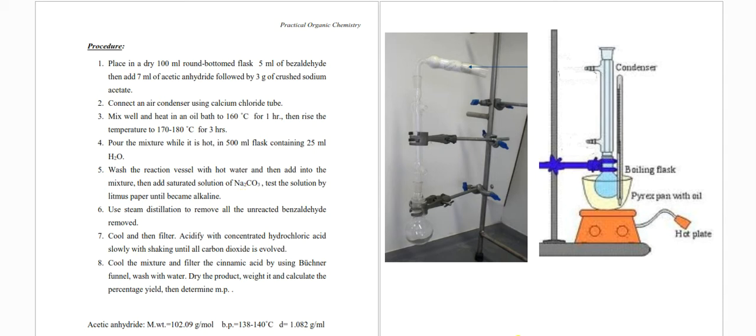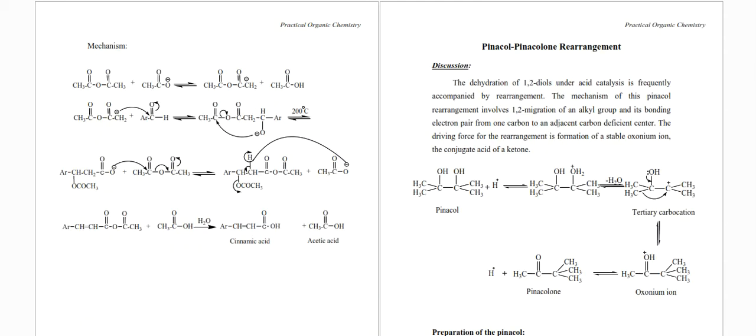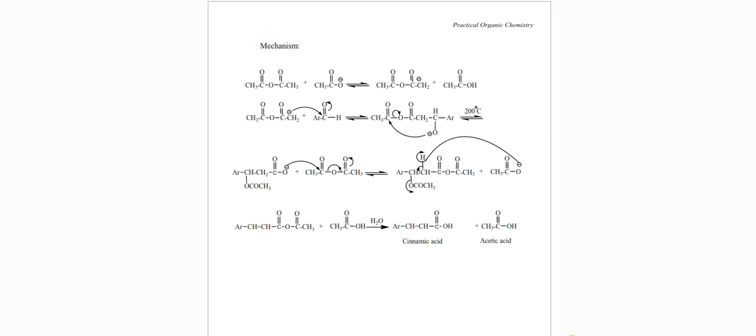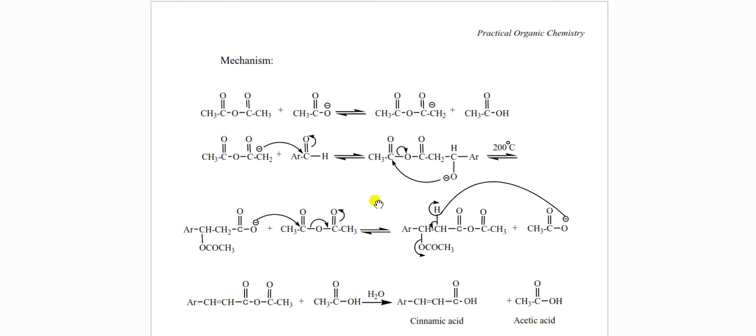Now, we just remain with the mechanism of this reaction. Here we have the second starting material, which is acetic anhydride, and the alkali salt, which is potassium or sodium acetate. As you know, this carbonyl is neighbored by an alpha carbon, and this alpha carbon is attached to acidic hydrogen.